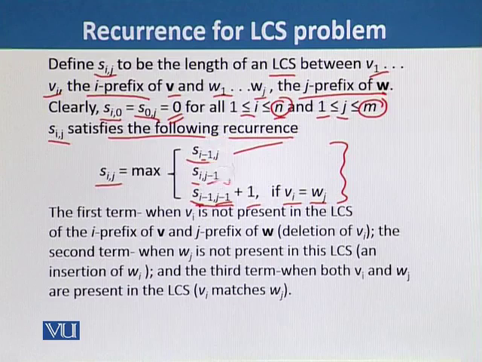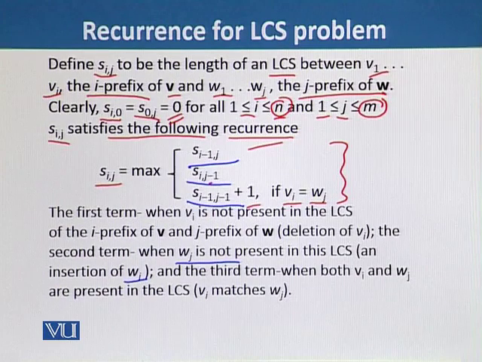So the first term represents when Vi is not present in the longest common subsequence of the i-prefix of V and j-prefix of W. That is, if it is not present in V, it means there is a deletion of one character in the V string. And the second term denotes that when Wj is not present in this longest common subsequence, it means that it is an insertion within the W string.